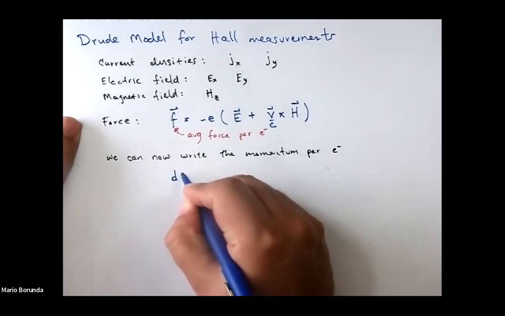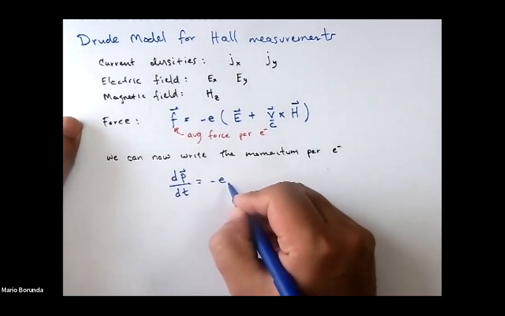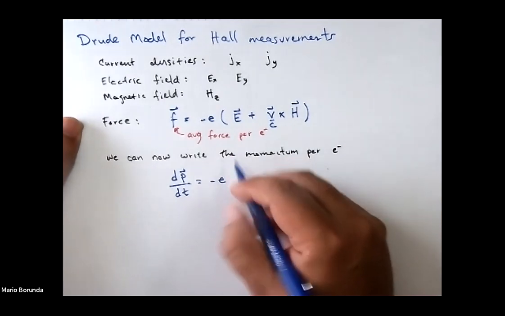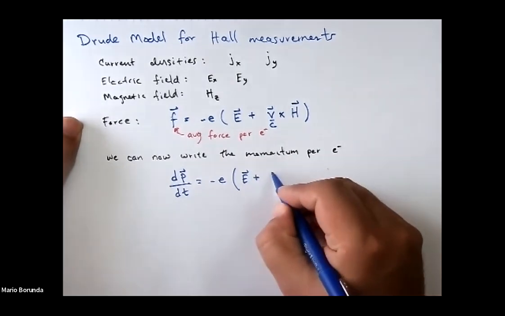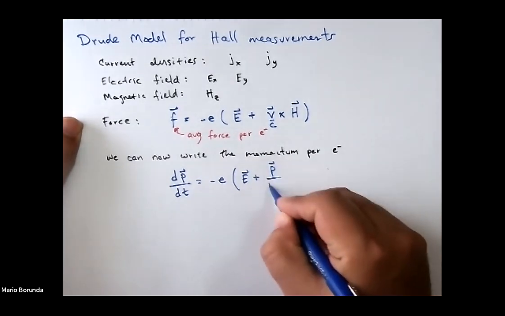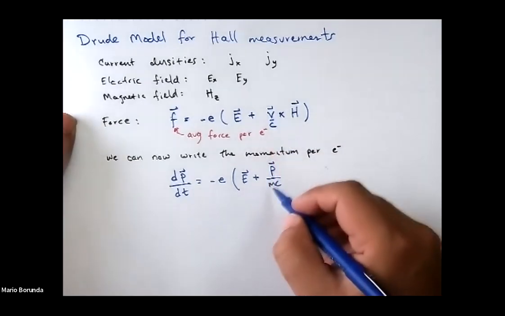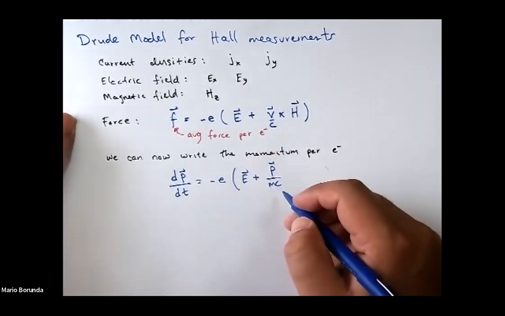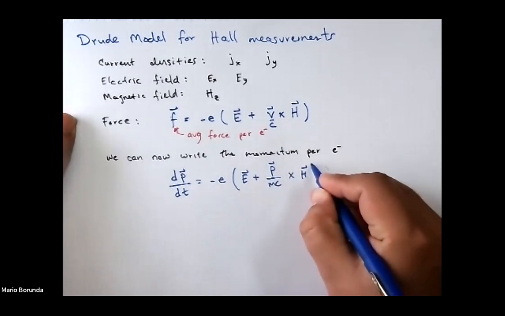We're going to have the change of momentum with respect to time equal to the negative electronic charge times the electric field, plus the momentum here, which notice is the same as the velocity divided by the mass, crossed with the magnetic field.